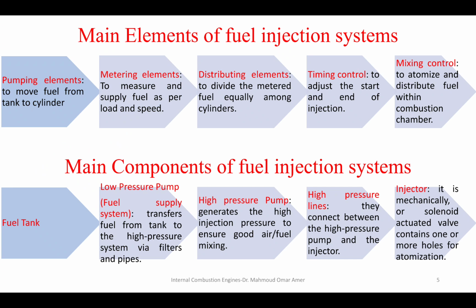We will need a high pressure pump to generate the very high pressures that we require. And we will need high pressure lines to transfer the high pressure fuel from the pump to the injectors. And we will need the injector, either mechanical or solenoid injector, to atomize the fuel and inject it inside the cylinder. A quick question.